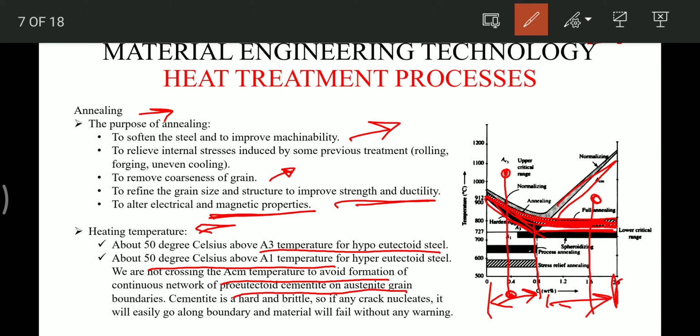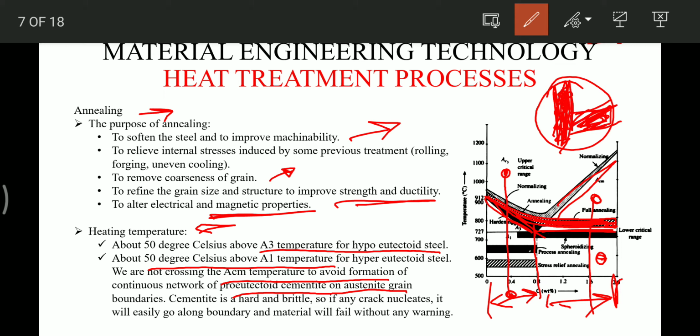If you have not seen my previous videos, it will be very difficult, friends, so first go and watch them, because you have to understand that the microstructure of hypereutectoid steels has proeutectoid cementite at the grain boundaries.